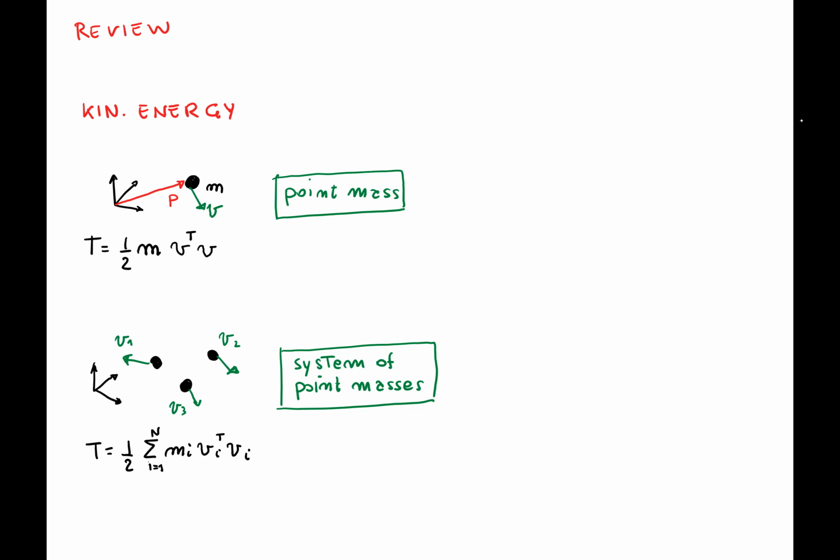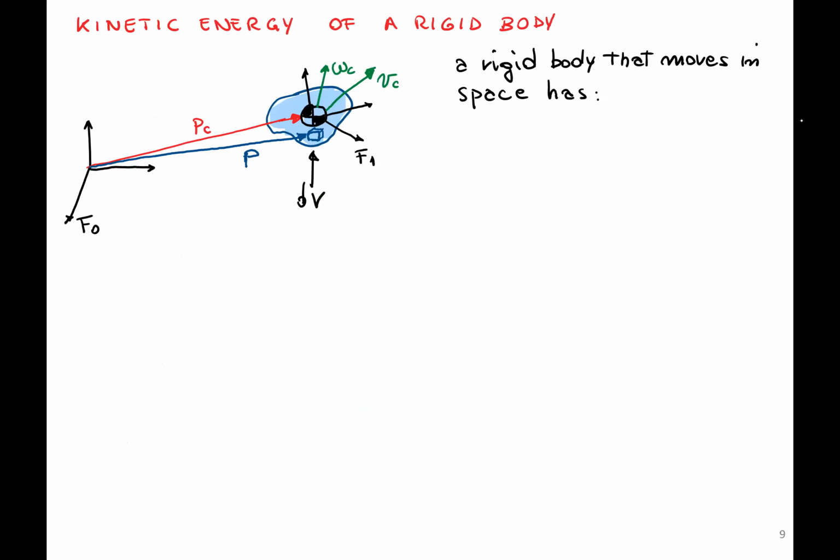And in case of rigid bodies, what do we have? You have a linear velocity. Okay, but what else?